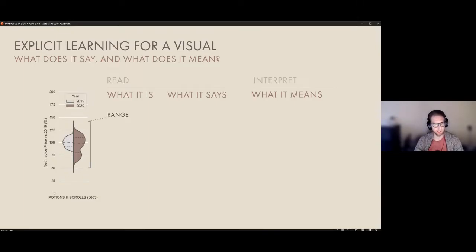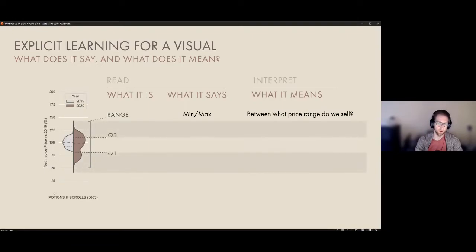So the first thing we see is the length of the violin from top to bottom. That is the range of our data points, our minimum and maximum. And it basically tells us between which price range we sell. We also have some dotted lines in our violin plot which break up our data into sections. Everything above the first dotted line is our third quartile.